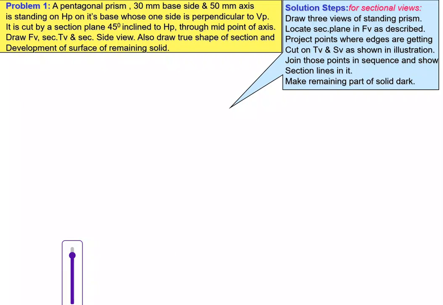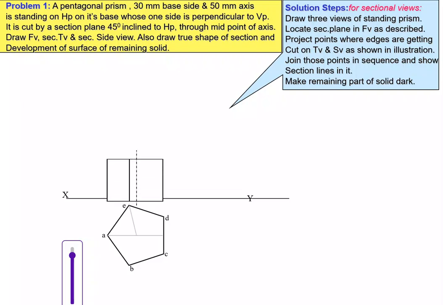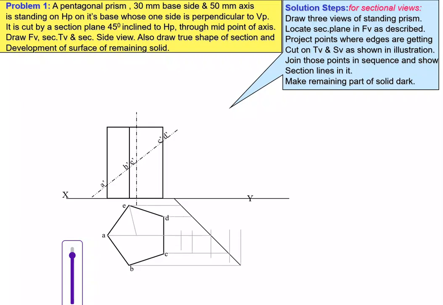Afterwards, construct the initial resting position, and afterwards pass the section plane to the given pentagonal prism, and you can get the true shape of the object.